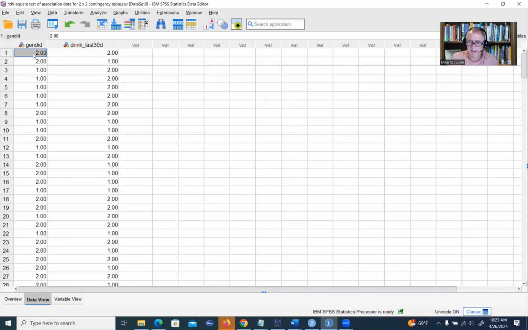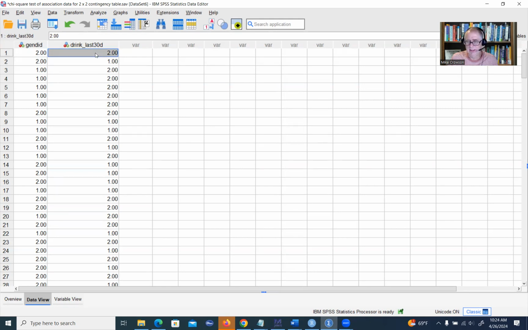The gender identification variable is coded 1 and 2 in our data set. The ones indicate a person identifying as male. The twos indicate a person identifying as female. For the drink variable, a 1 indicates a person who has said yes, they have had a drink over the last 30 days.